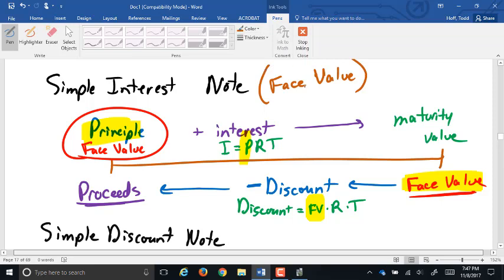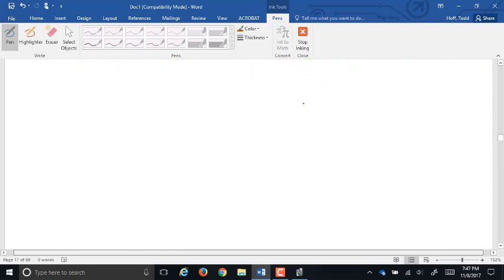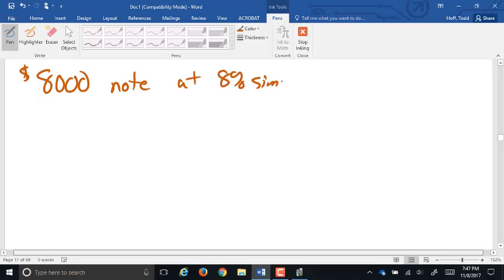So let's show you just one quick example of what that all means. An $8,000 note at 8% simple interest for, oh, let's go 90 days.